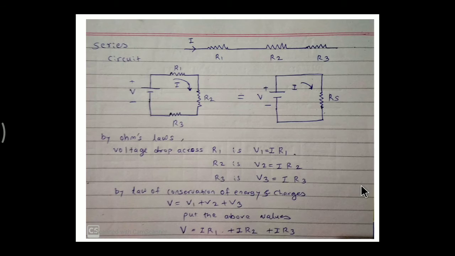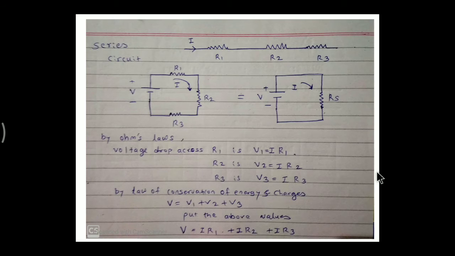Putting the above values of V1, V2 and V3 in this equation, we will get V is equal to IR1 plus IR2 plus IR3. See that current is the same in all three terms.